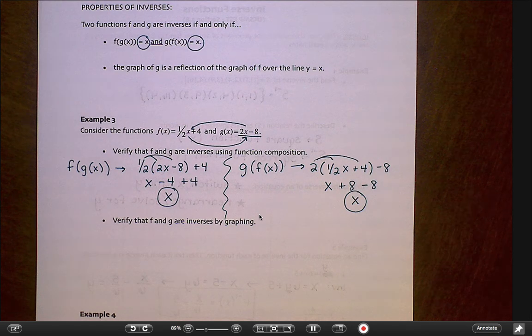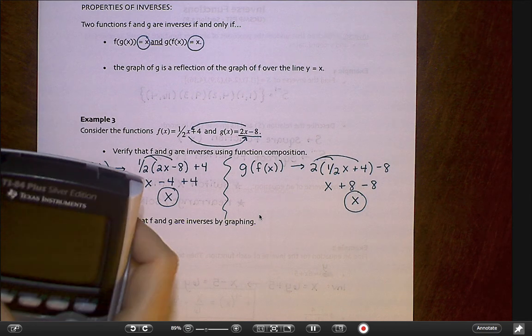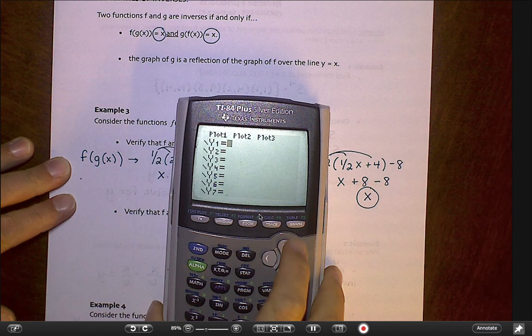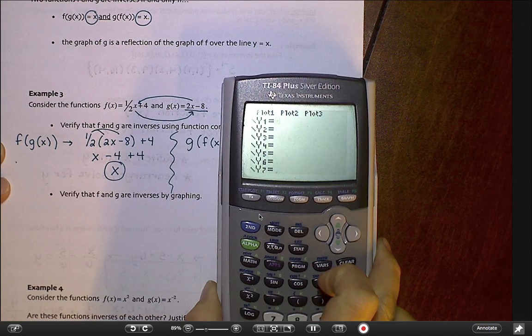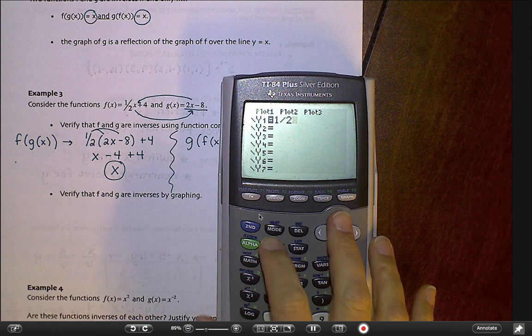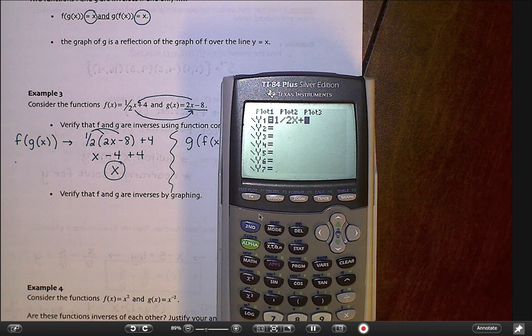Okay, verify that f and g are inverses by graphing. I will throw those into a calculator real quick, and we'll talk about that. And then I'll probably just sketch them there on my paper. But so in my calculator, I don't need plot 1 turned on. I'm going to graph the function 1/2 x plus 4.